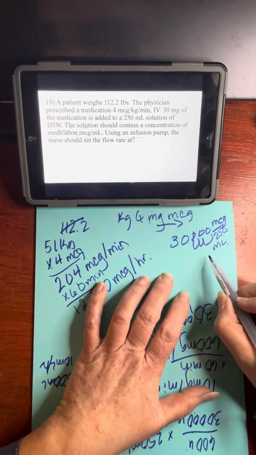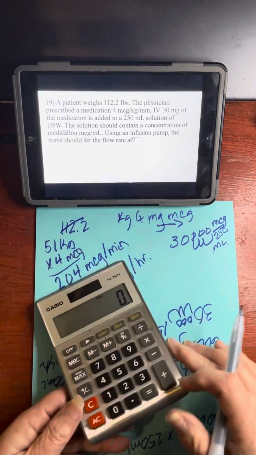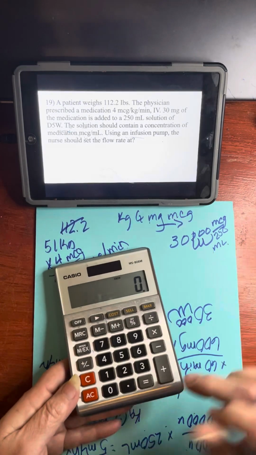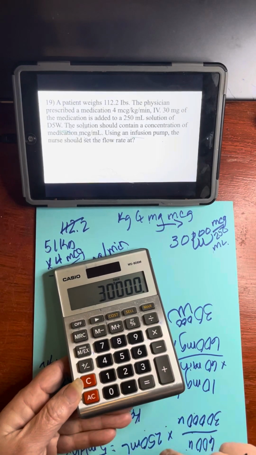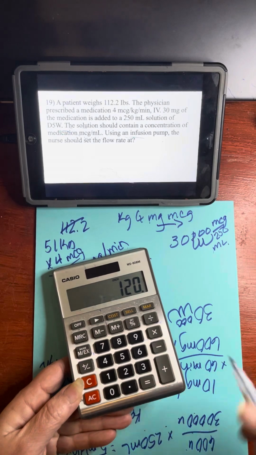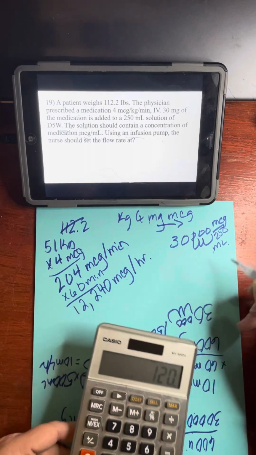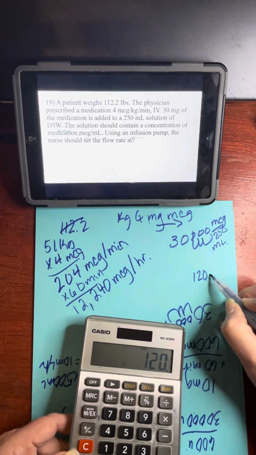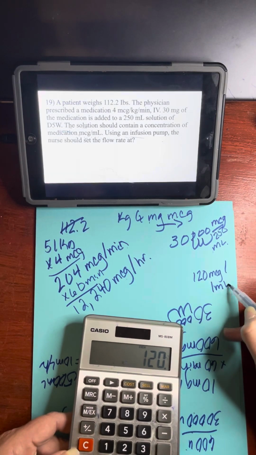She may be wanting to know what the concentration is for 1 milliliter. You got 30,000 in 250. And if you go 30, 1, 2, 3, divided by the volume, there is 120 micrograms per 1 mL.